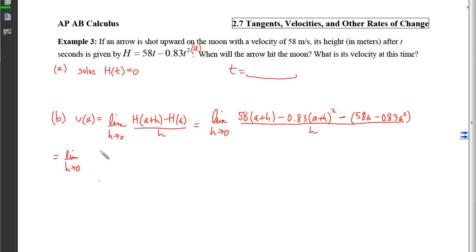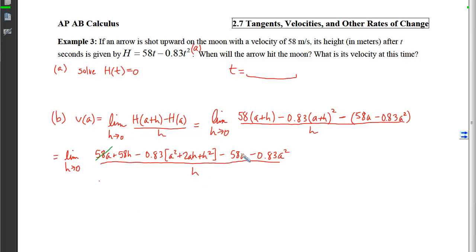Looks like I've got a 58a plus a 58h minus a nasty decimal, so I'm going to factor that out and see if maybe we can make things nicer on ourselves. That'll be an a squared plus a 2ah plus an h squared. And then I'm going to subtract a 58a and a 0.83a squared. And let's look and see what cancels. Notice everything that doesn't have an h in it should disappear.